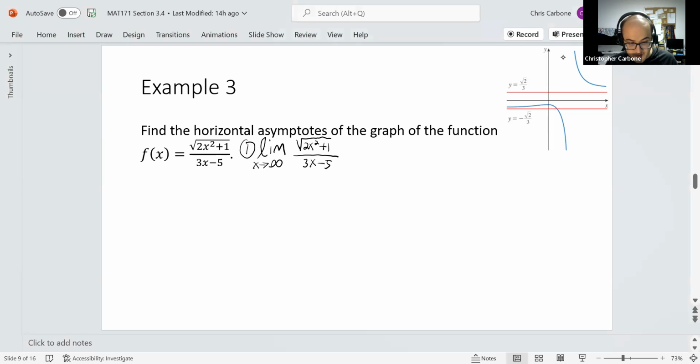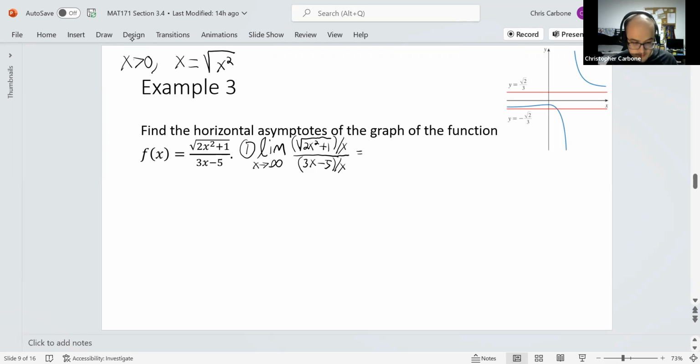So now when we divide both the numerator and denominator by x, we have a couple of things going on. We know that for values of x greater than 0, since we're approaching positive infinity, these are going to be positive numbers. We could rewrite x as the square root of x squared, which is useful for the numerator.